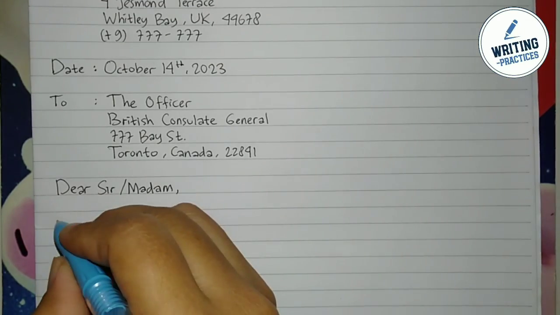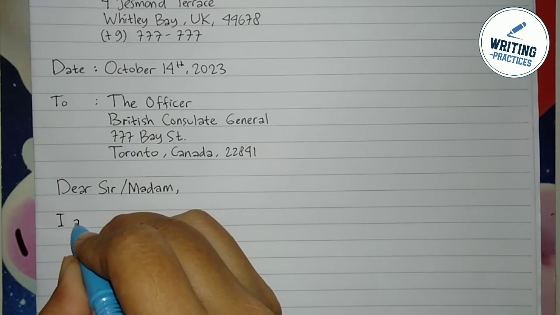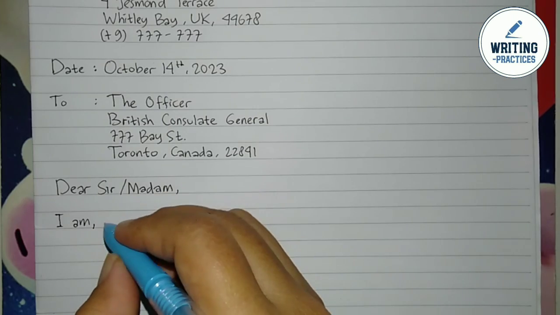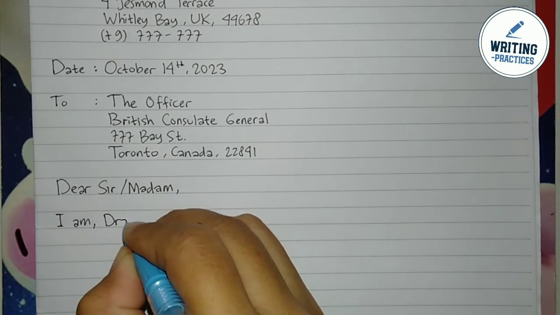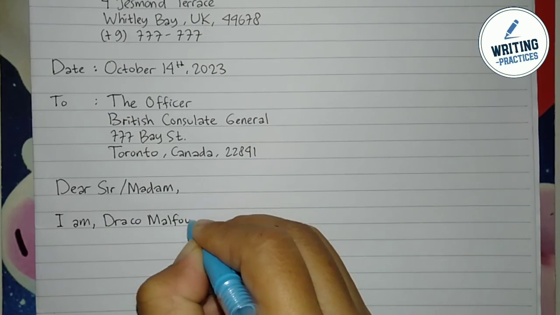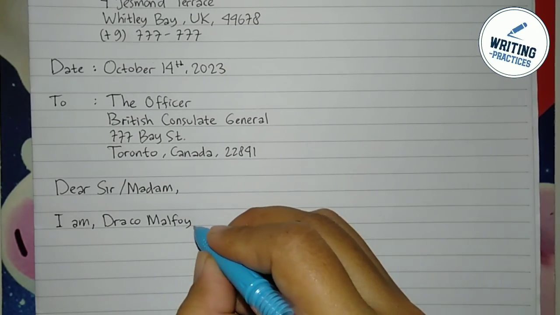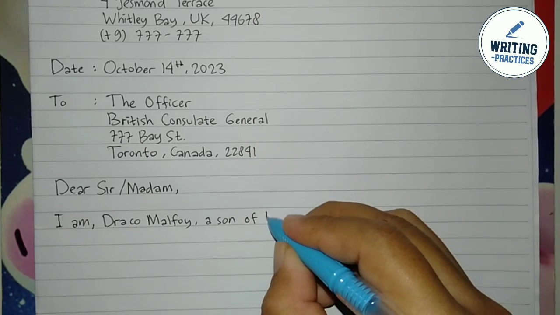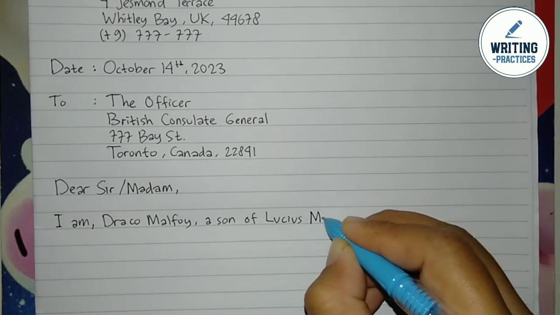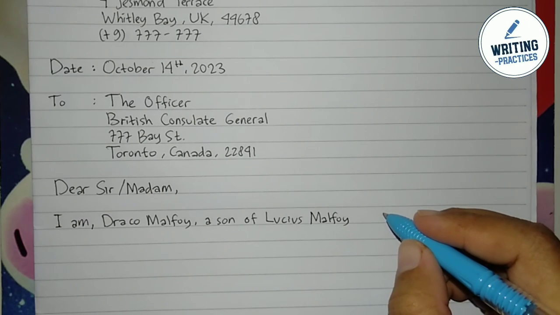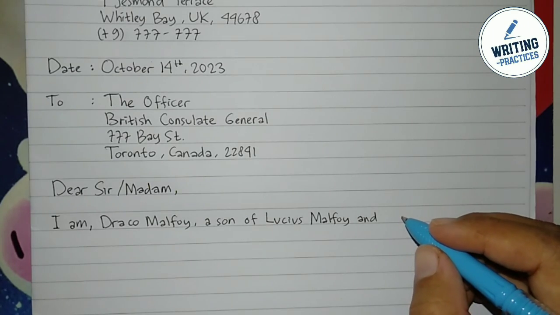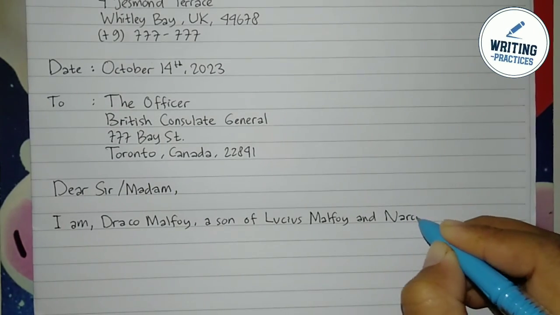In the first paragraph, introduce yourself. Here, you have to mention your full name. And write your relationship with the person or people you want to invite. For example, the writer here is Draco Malfoy. And he is the son of Lucius Malfoy and Narcissa Malfoy.